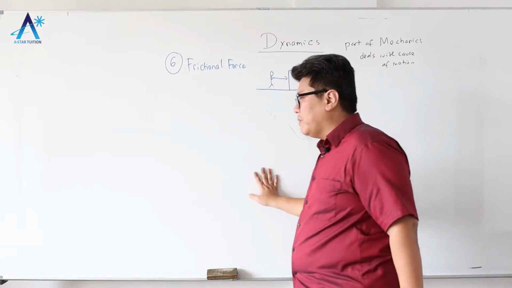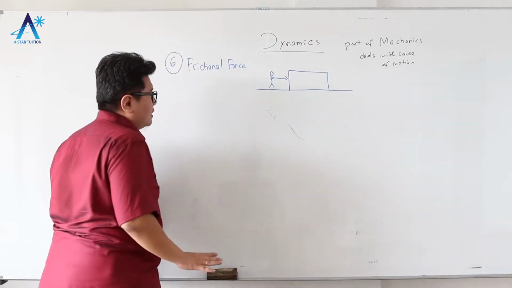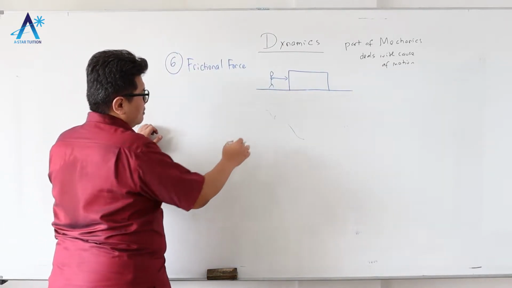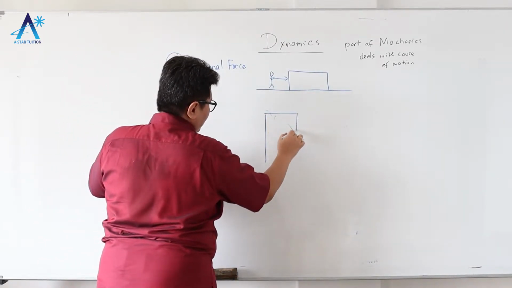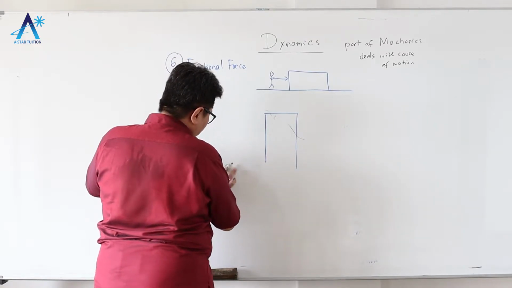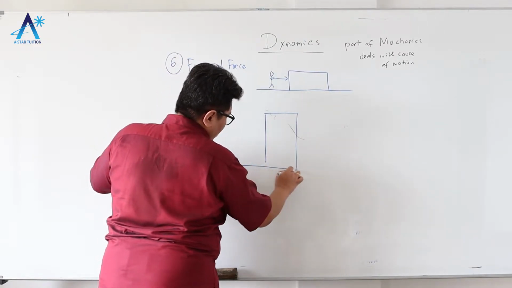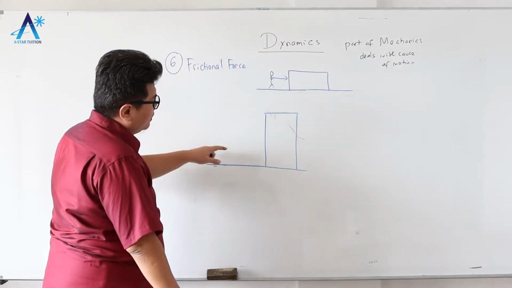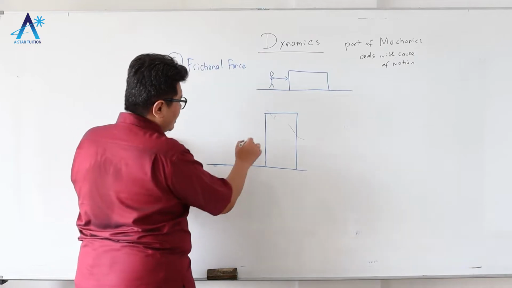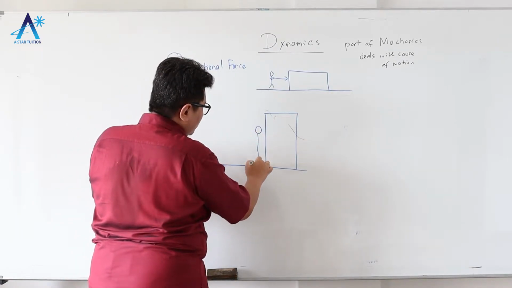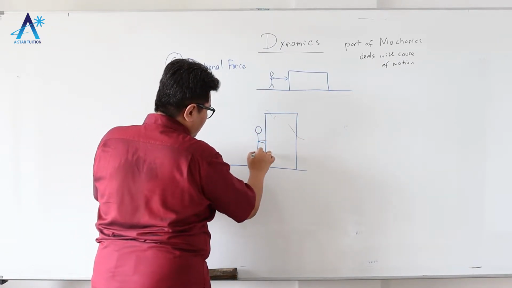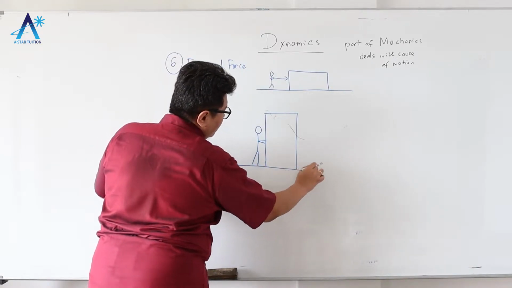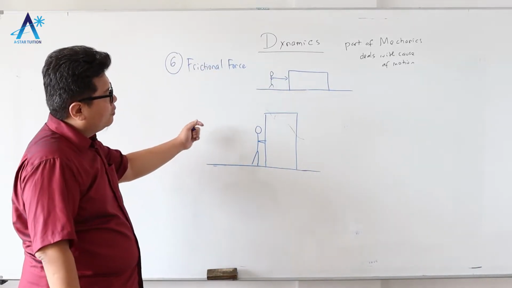Now, to give you a better example, let's imagine that you have a refrigerator on top of a rough surface, and that someone is trying to push the refrigerator so that it can move across the floor.